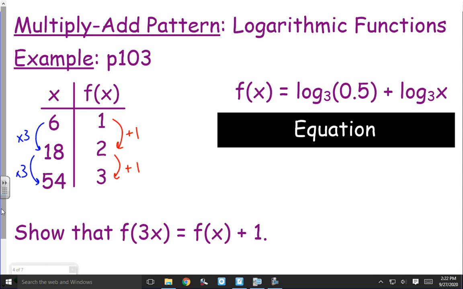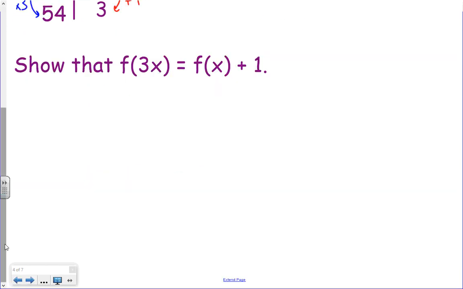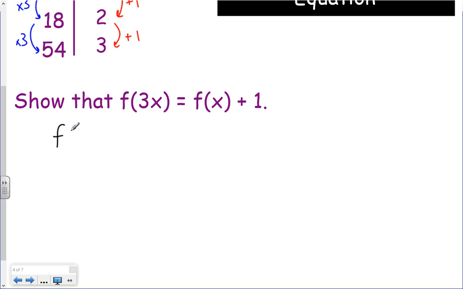All right. So can we show this pattern? And the answer is yes. We just have to go about the algebra to make that happen. So if I'm trying to show that f of 3x is equal to f of x plus 1. So f of 3x. Well, first start out by replacing the f with what it's equal to. f was this function up above here.